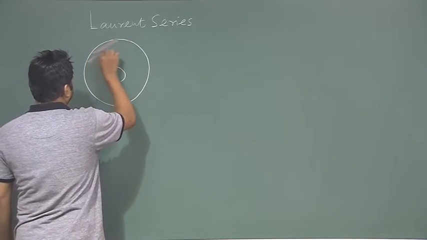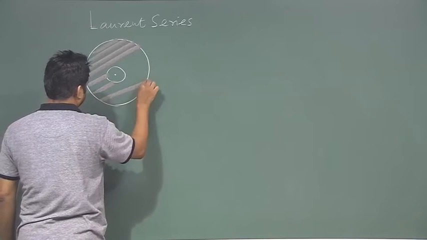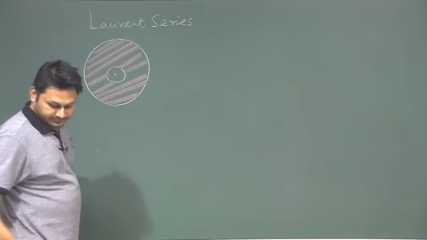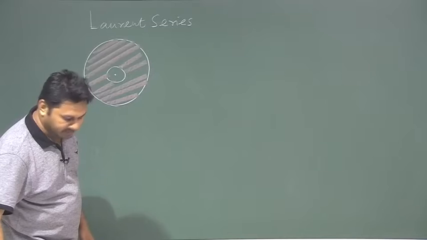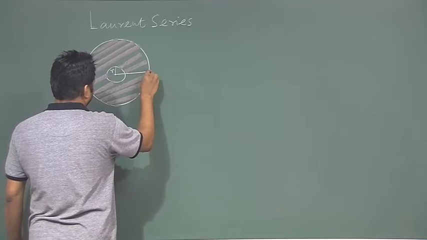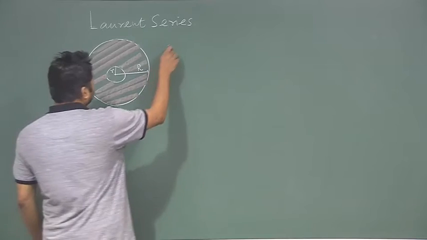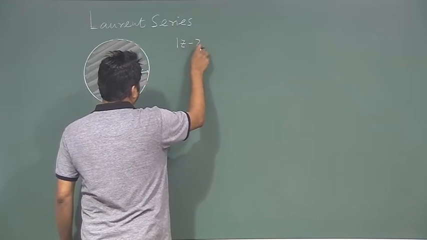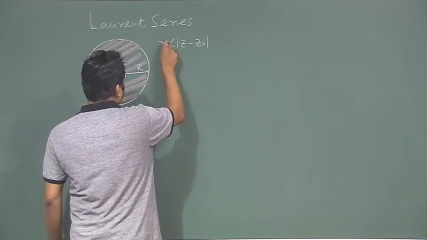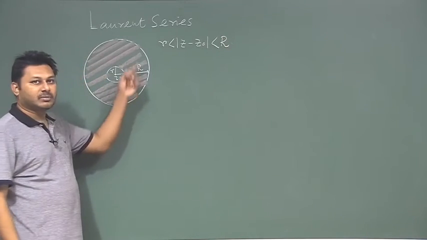This region shaded by this red part, this is the annular region, the shaded part only, where this is small r and this is big R. So, the region is defined as |z - z0|, where z0 is the center, greater than small r and less than big R. This is the annular region that I have already drawn here.